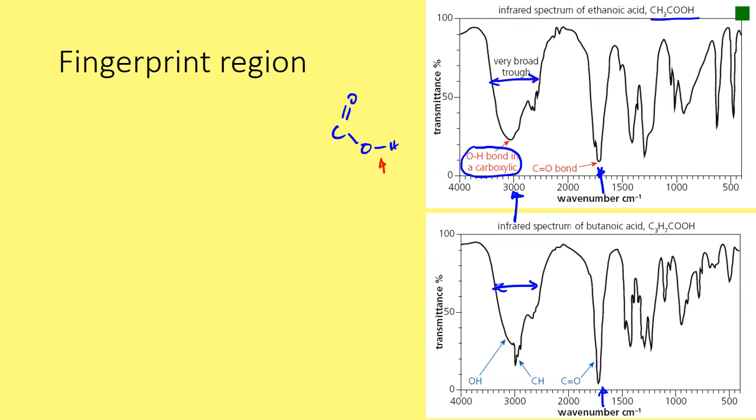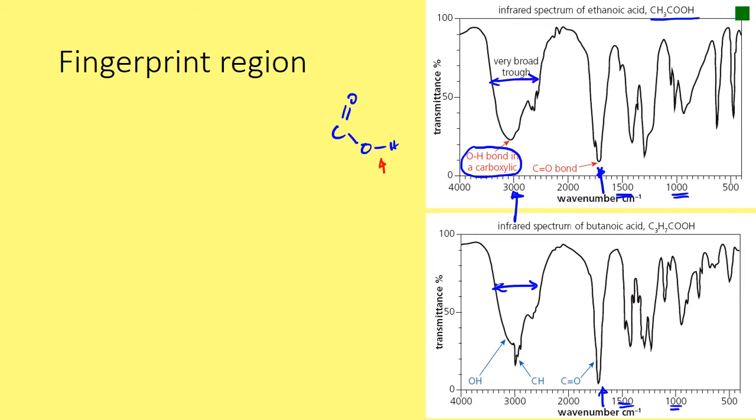Whilst the two spectra so far have helped us establish that they're for carboxylic acids, it's not identified the individual carboxylic acid. To do that, we need the fingerprint region, which, as I said, was between about 1500 and 1000.